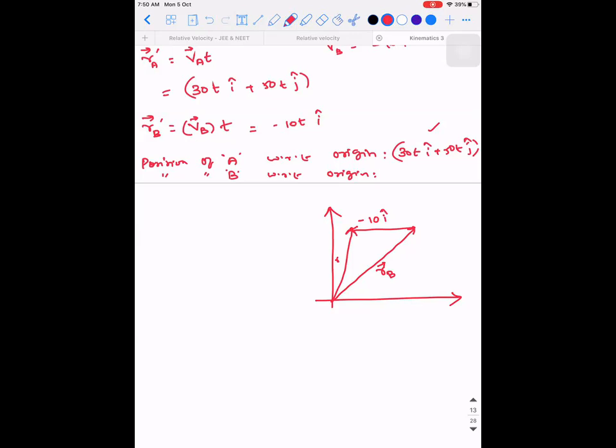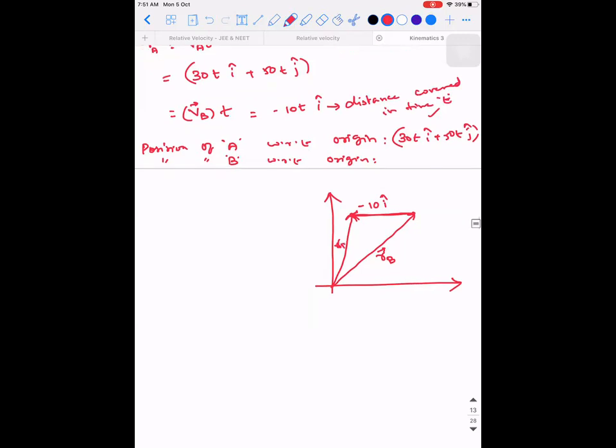So the distance covered by B is minus 10T I cap. Are you guys able to visualize till this point? Yes, sir. Now, with respect to origin, one small correction: I'll not call it RB dash. I'll call it the distance covered in time t.